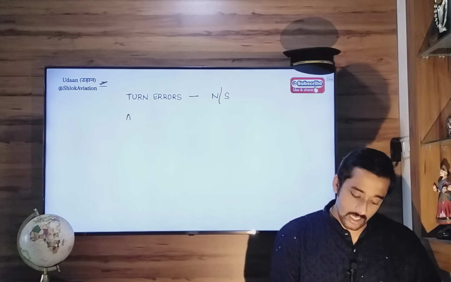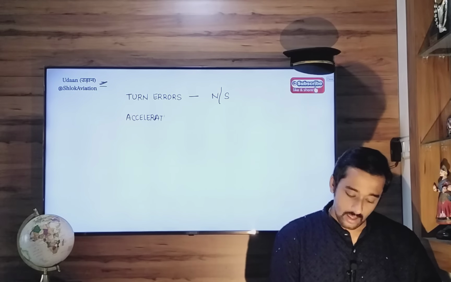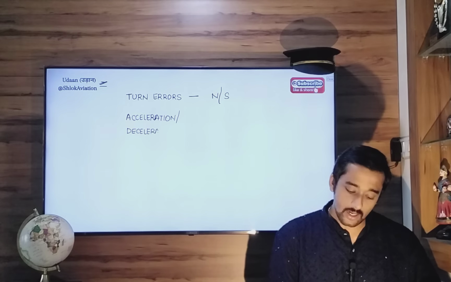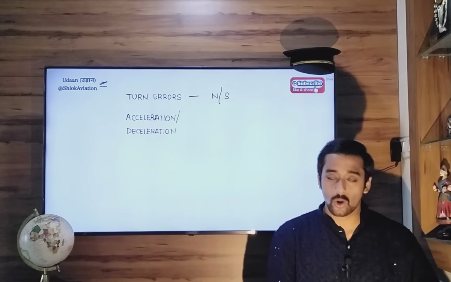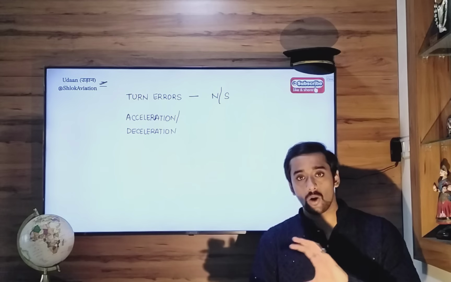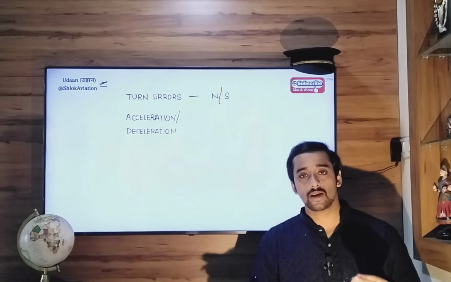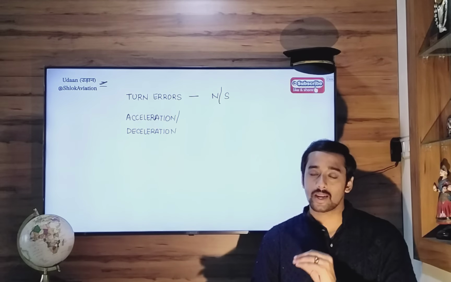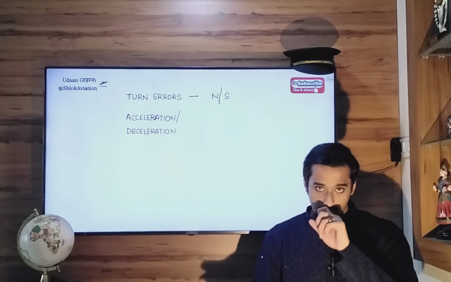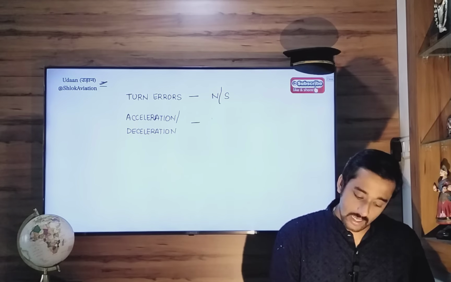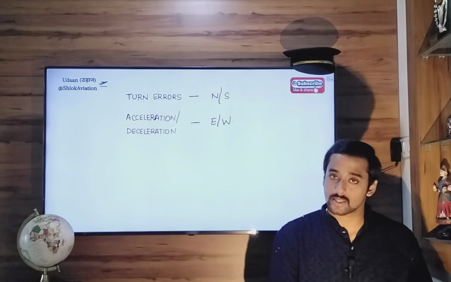Next is acceleration deceleration error. When you accelerate on easterly or westerly headings, or you decelerate on east or west headings, your aircraft compass will again be subject to some error called acceleration deceleration error. So that happens on east and west magnetic headings.